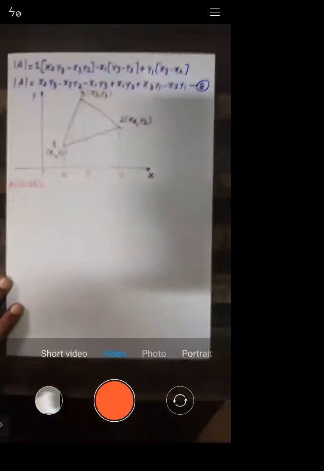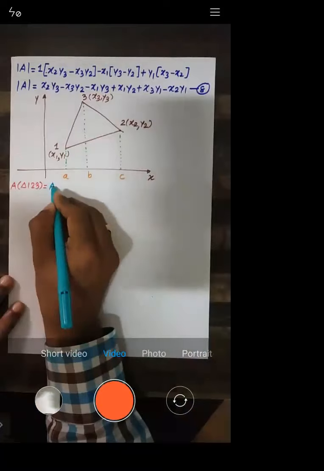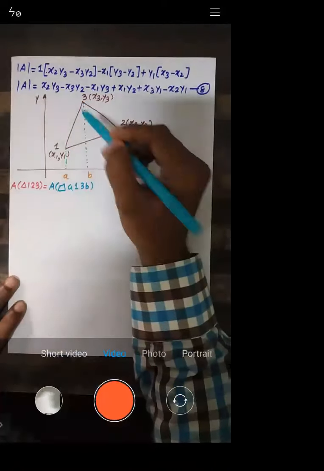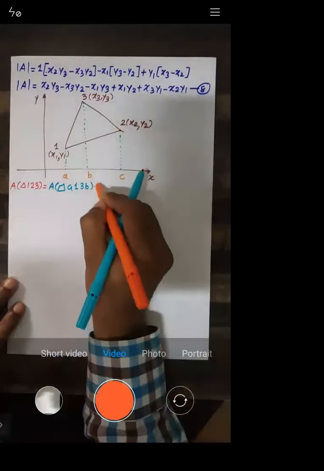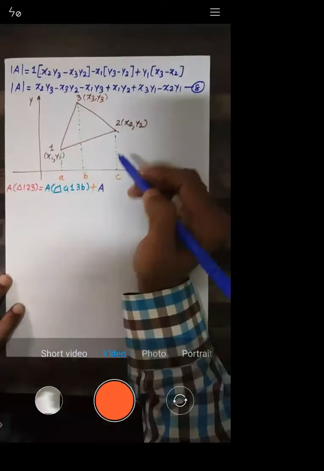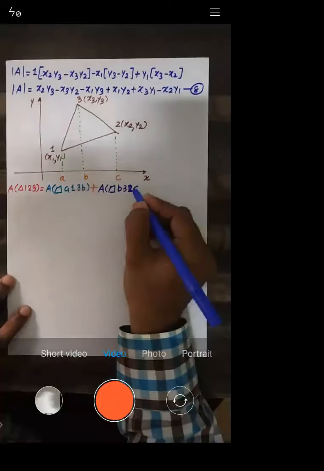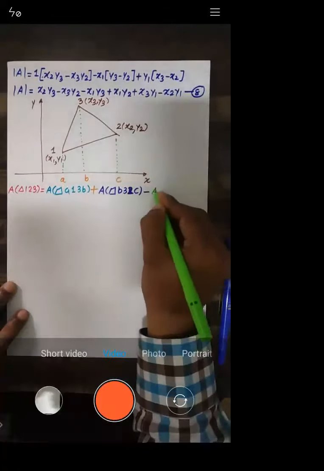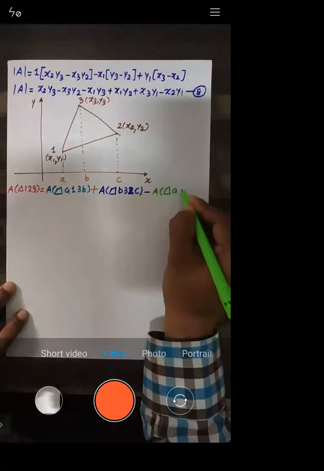I should first calculate the area of quadrilateral A13B, plus the area of B32C, minus the area of A12C.